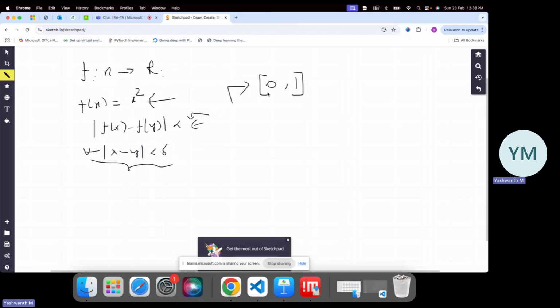So [0,1] is a compact set by the Heine-Borel theorem, the closed intervals in R. And continuous functions on compact sets are uniformly continuous. So the result follows by this argument.